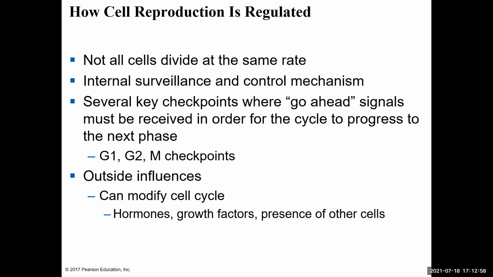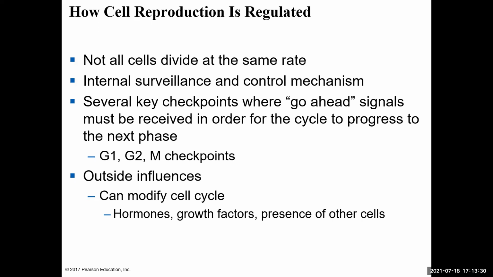For cellular division, an interesting thing about the human body is that not all of the cells divide and reproduce at the same rate. There's this internal control mechanism, and within the cell cycle, there are division checks, where it basically serves as a traffic regulator, a traffic cop, in determining when the cell will progress into the next phase of the cell cycle.